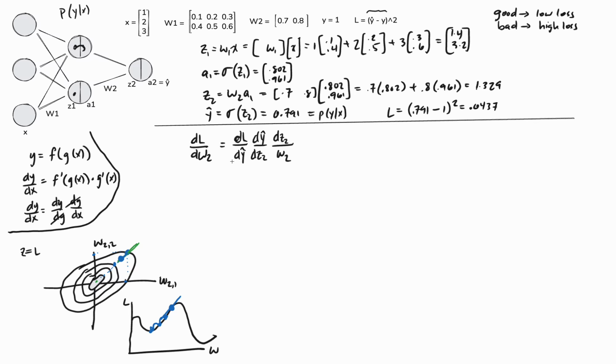Now we can cancel here, here, here, and there we go. We have dL/dW2 matrix, okay? But we're not actually going to be canceling this stuff out. We're going to compute each of these separately.